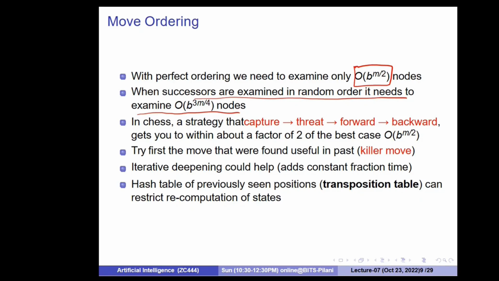This is the best case, right? If perfect ordering is there, every time you are going to neglect things, then this is what you get. But in practice, you are going to achieve this much. So out of b to the power m, you get order of b to the power 3m by 4. How come b to the power 3 by 4?